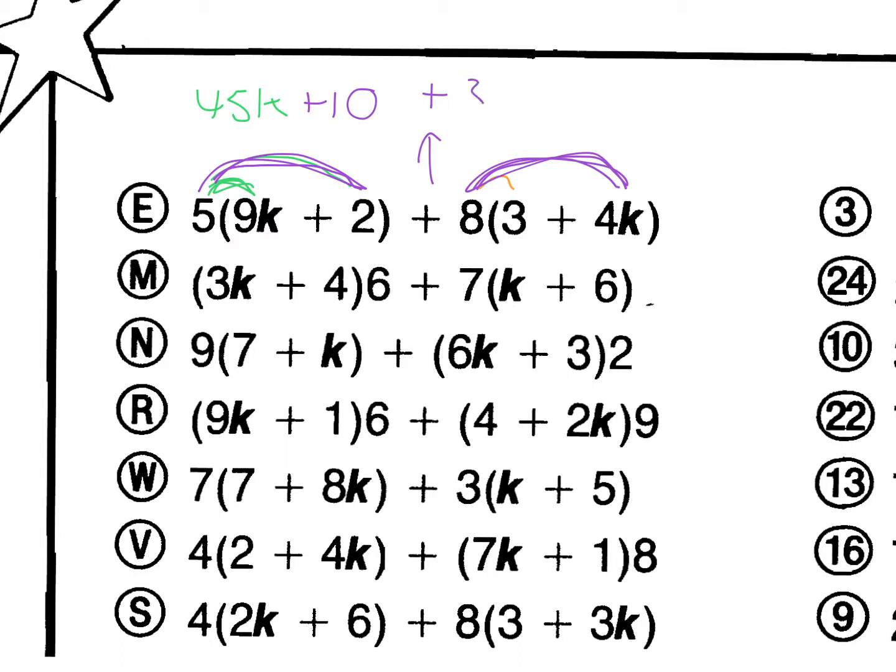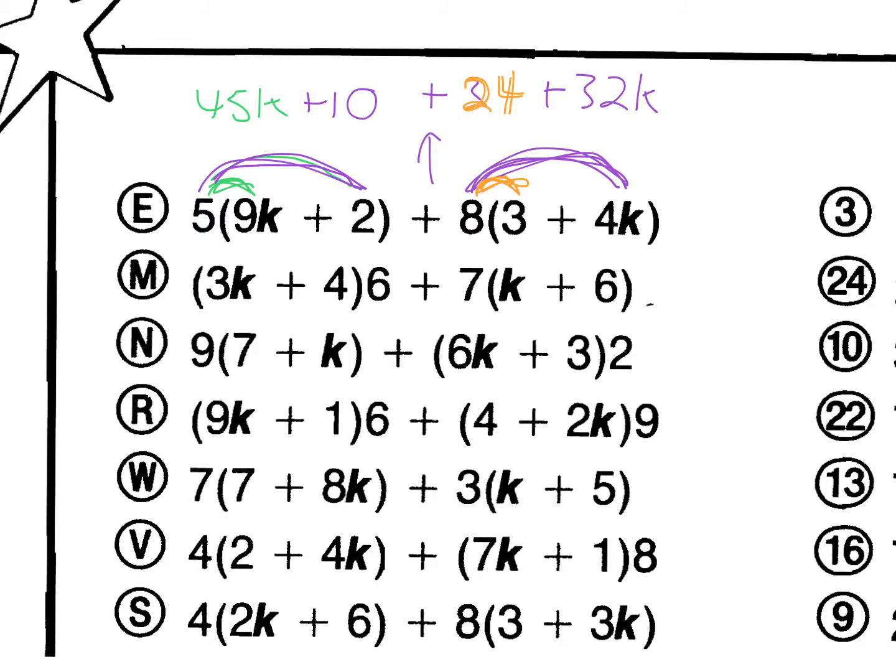And then plus the 8 times 4k would be 30. Oh, sorry. I'm going to do the 8 times 3 first because it's closer. So 8 times 3 is 24. And then the 8 times 4k, 32k, right?